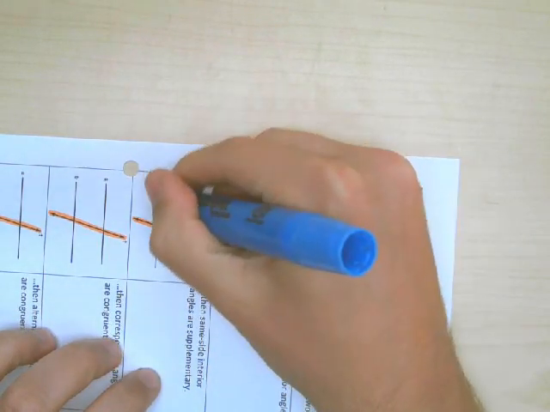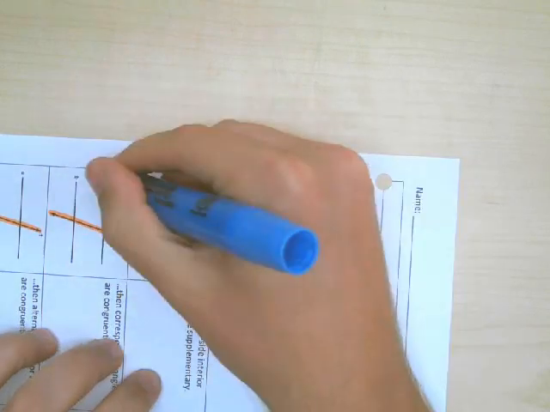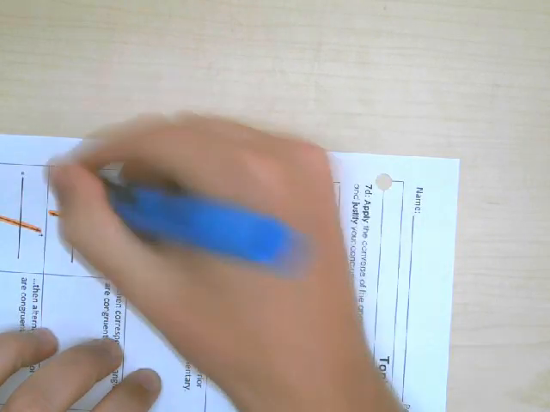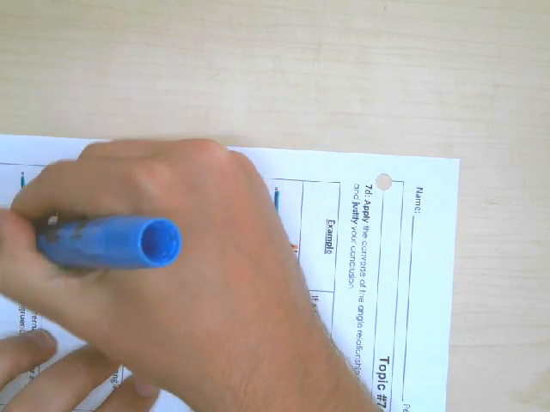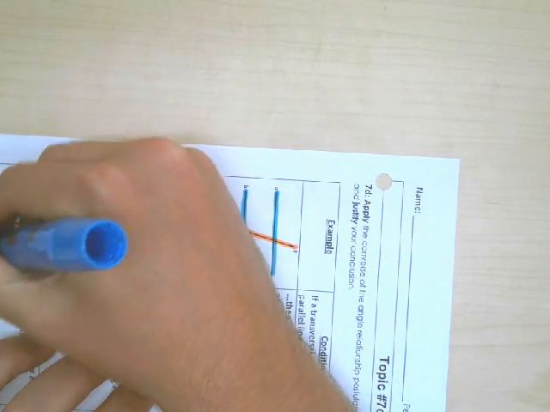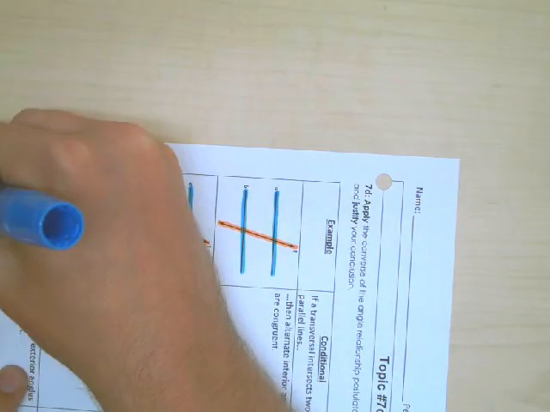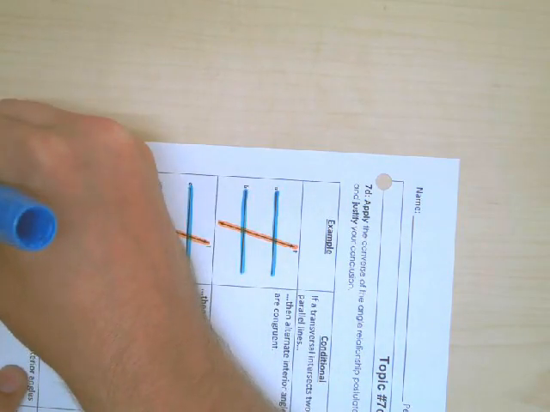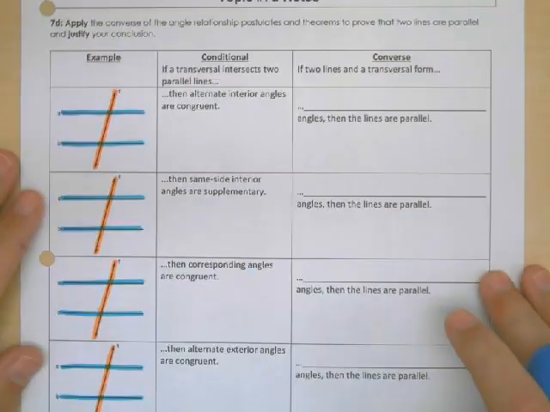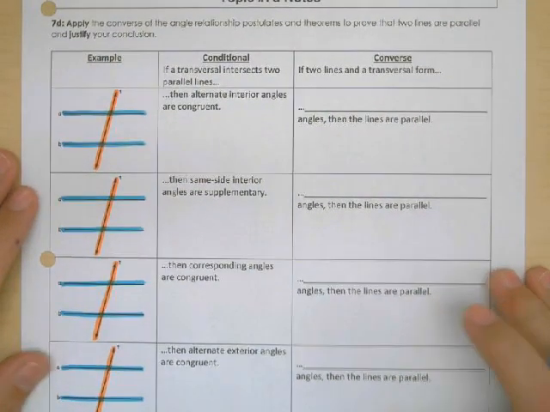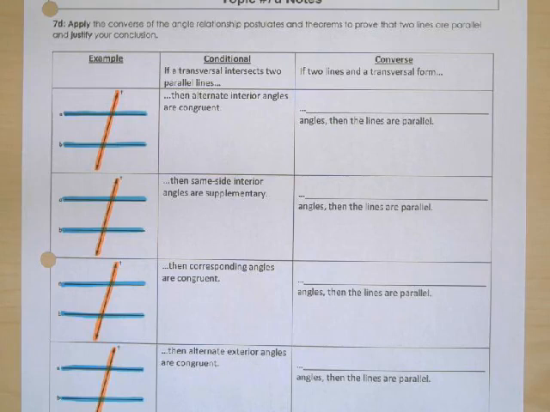You can see I'm doing this on each picture. In each picture, the orange line is my transversal, and the blue lines look to be my parallel lines.